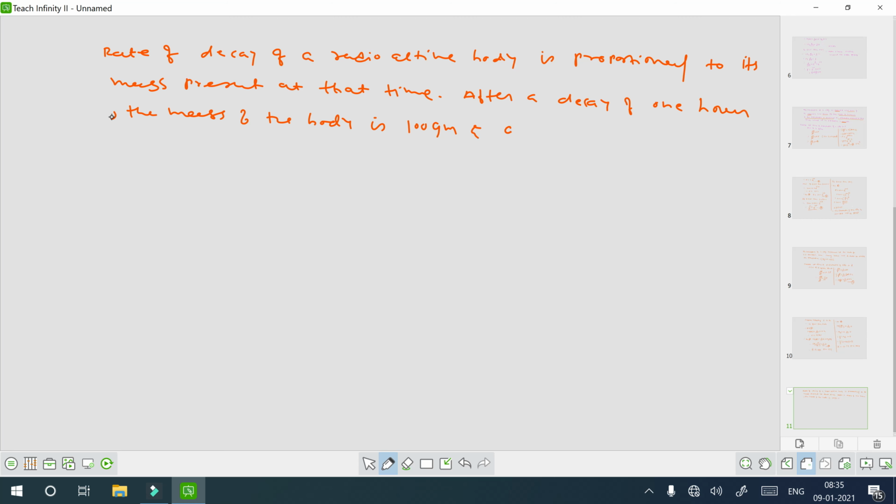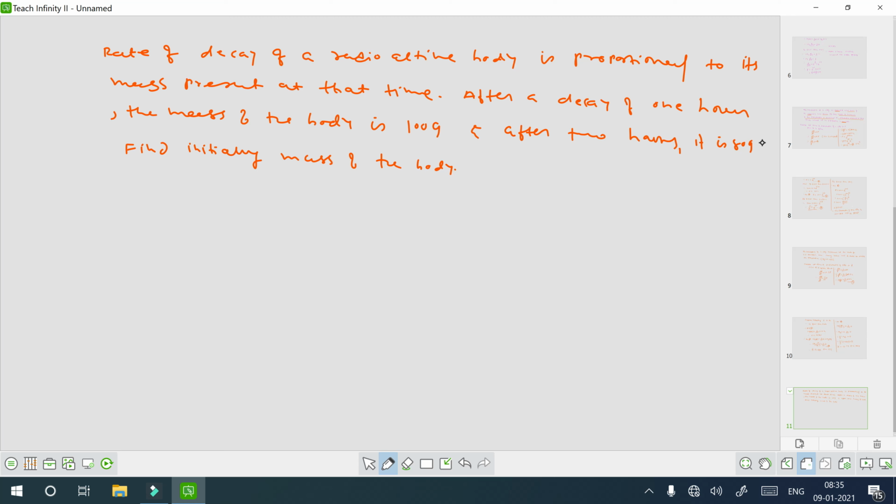And after 2 hours, it is 80 gram. You can just write 80 gram, no need to write more. Find initially mass of the body. Initially mass of the radioactive body. Now see here.